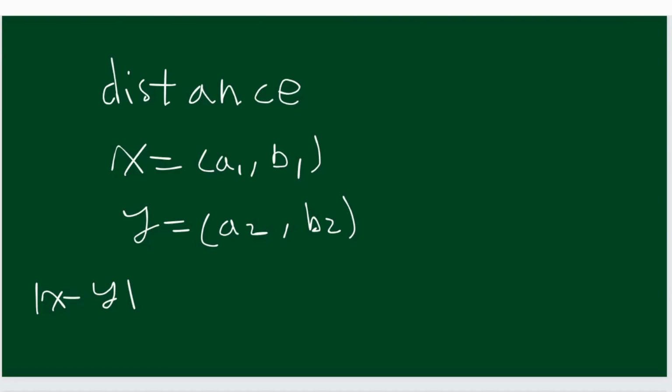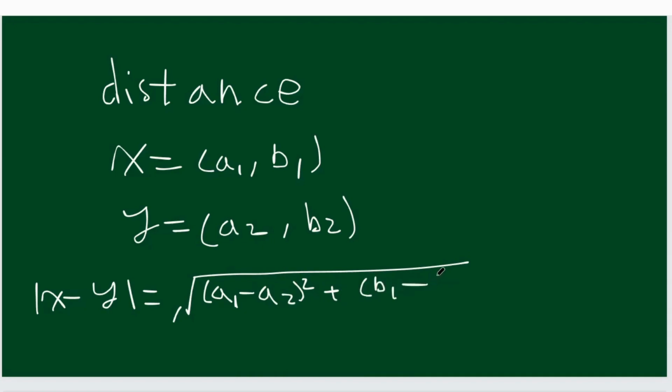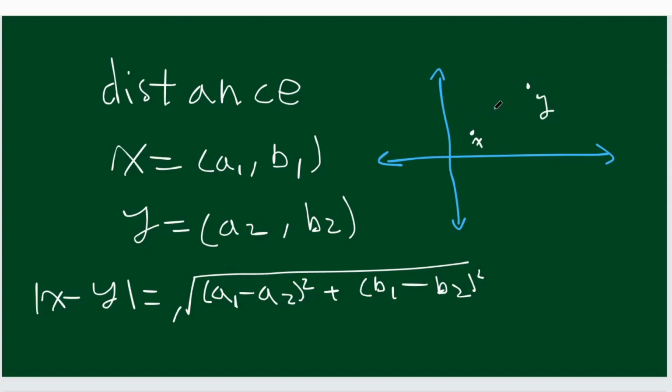So in this case, the distance would be equal to, using the distance formula, the square root of (a1 minus a2) squared plus (b1 minus b2) squared. And just to visualize it, we're looking at the distance between x and y. So maybe, for example, this is point x and this is point y, and we're looking at the distance between point x and y.